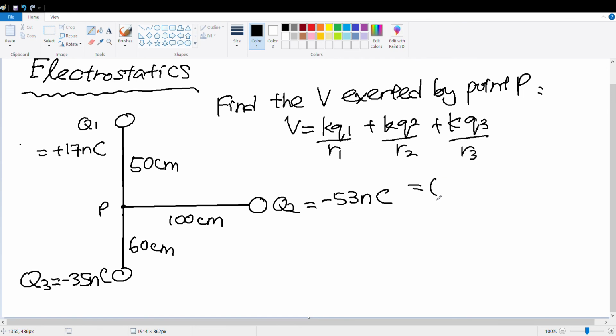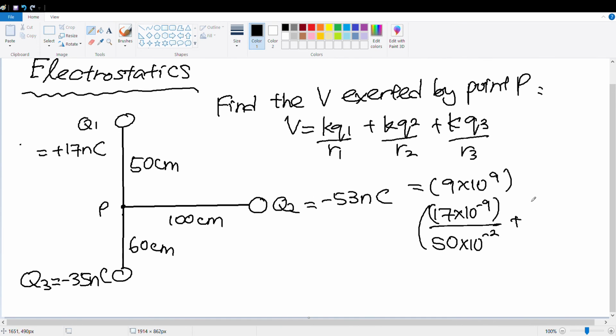My K is 9 times 10 to the power of 9, which I factorize out and leave outside the equation. So Q1 is positive 17 times 10 to the power of negative 9, divided by its distance from point P, which is 50 times 10 to the power of negative 2. Plus the Q2.